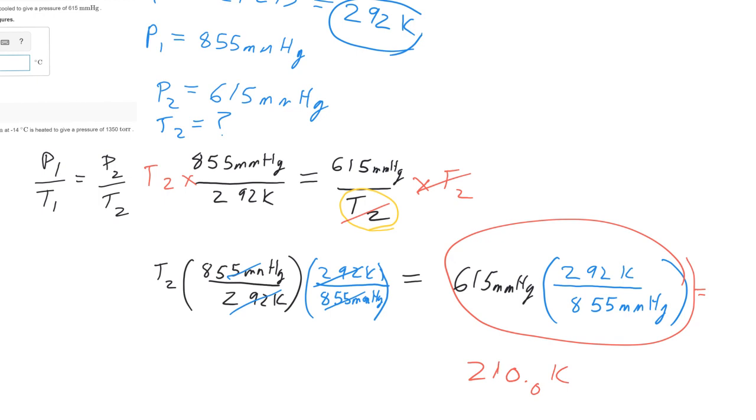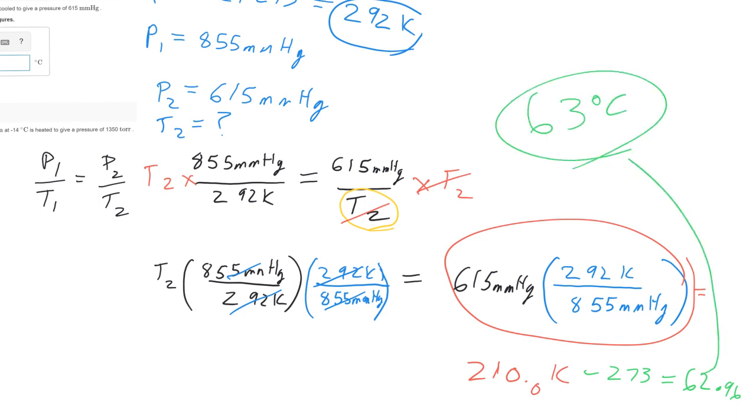They want our answer in Celsius, so one last finishing step. Minus 273 to get it back into Celsius. And that gives us negative 62.96 or negative 63 degrees Celsius. So that's your answer to part A.